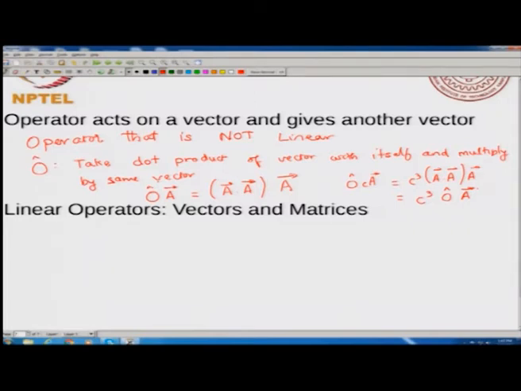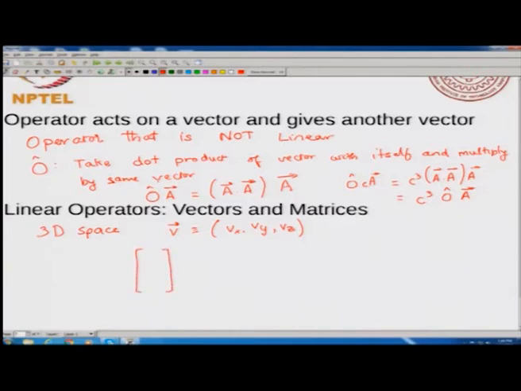Now linear operators have a connection with matrices, and you can see this in the following way. Suppose I take my vector. Let's consider 3D space again. So my vector V has components Vx, Vy, Vz. Now I can think of my operator.